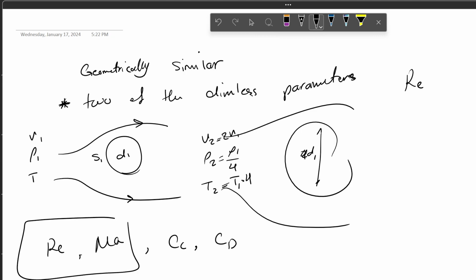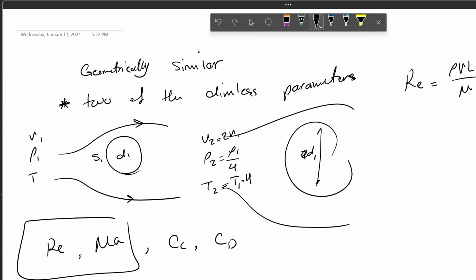How do we calculate the Reynolds number for this specific problem? What is the equation for Reynolds number? Rho V L. In this case, we have a sphere, so we have to use the diameter of the sphere.